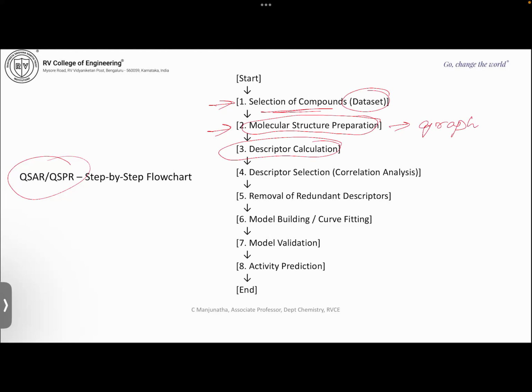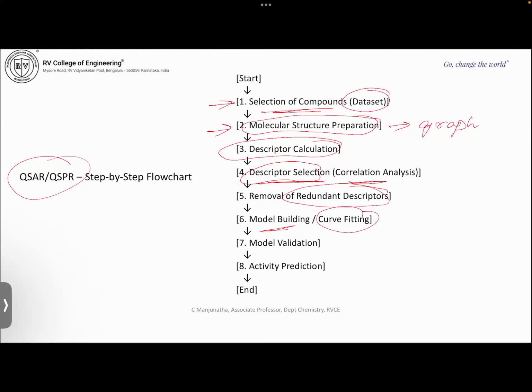And then the fourth stage is the descriptor selection. Descriptors are the topological indices, the Zagreb number, Wiener number, Platt number. The fourth step, descriptor selection, involves the correlation analysis. Then the fifth step involves the removal of redundant descriptors. Then the sixth one is the model building or curve fitting.